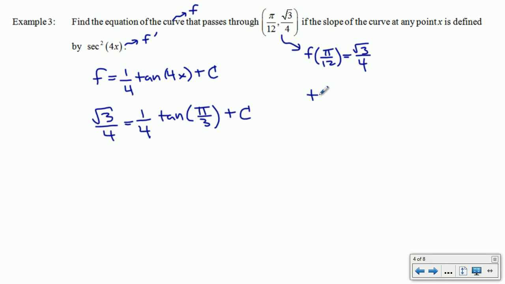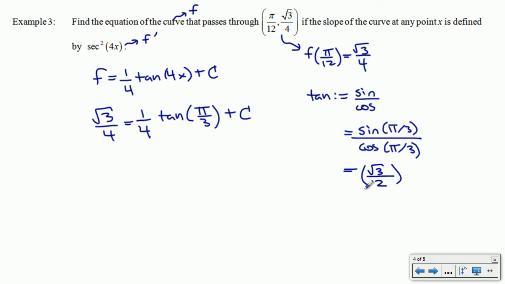Now because tan is defined as sine over cos, what we can do is sine at pi over 3 divided by cos at pi over 3. Sine at pi over 3 is root 3 over 2, and cos at pi over 3 is 1/2.